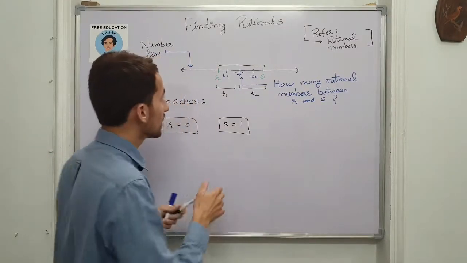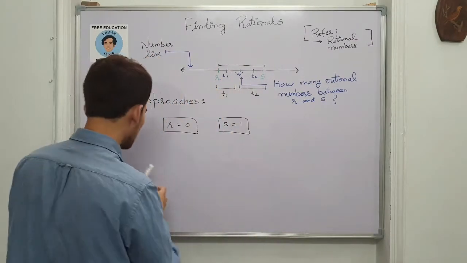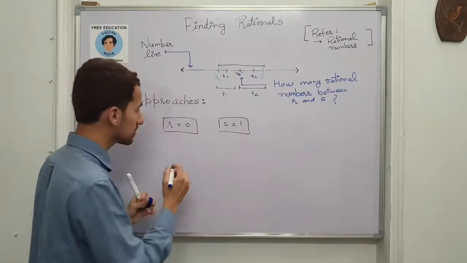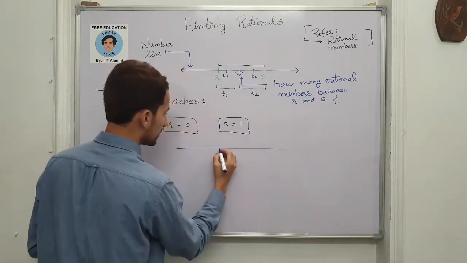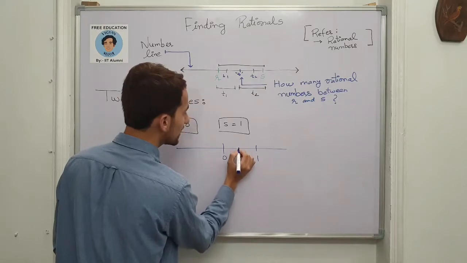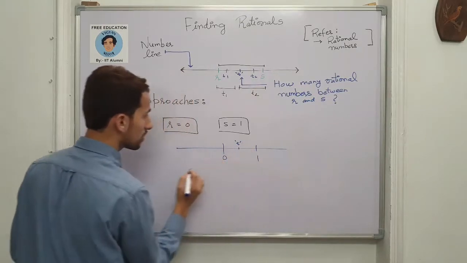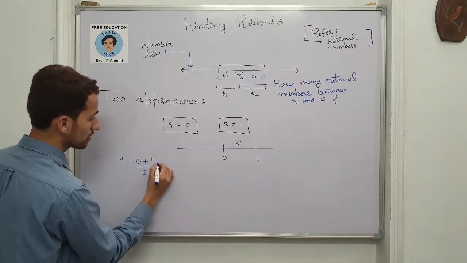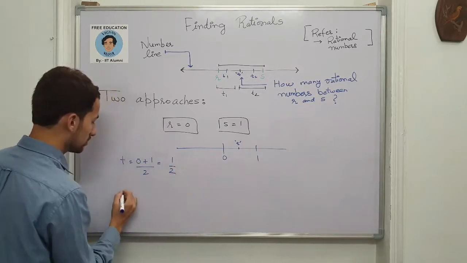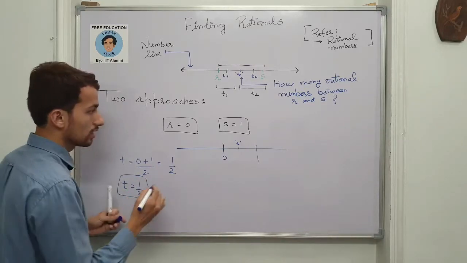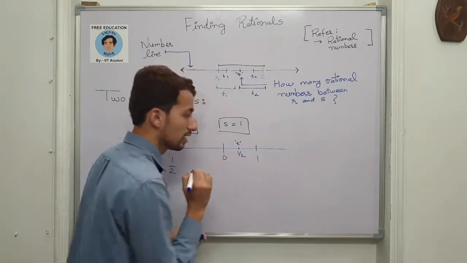Then T in our case is given by, if I plot these R and S on the real number line, this is our 0, this is our 1, and this we want to find, this is our T. So now T is given by 0 plus 1 by 2, which is nothing but 1 by 2. So this is the 1 by 2 value.